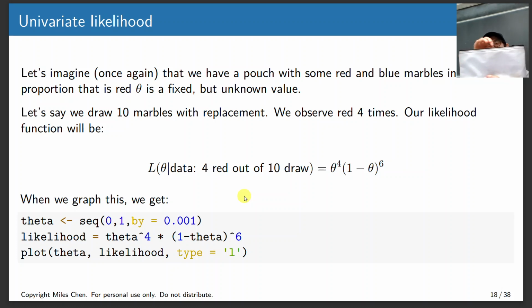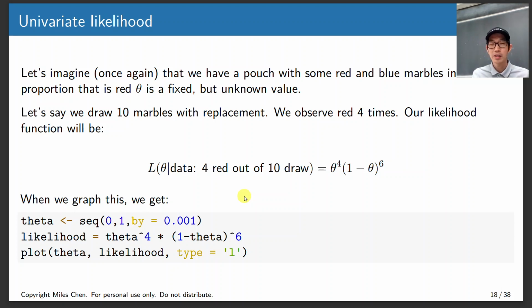But we're playing a game, and I'm not going to let you actually look inside the pouch. What we're going to do is I'm going to pull out a marble one at a time, and I'll show it to you. I'll put it back in. I'll shake it up. I'll pull out another marble. We'll put it back in. And so we'll keep track of the different colors we've seen. Okay, so let's say I draw 10 marbles with replacement. So far we see 4 red marbles.